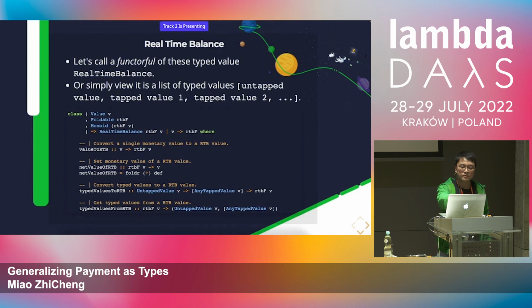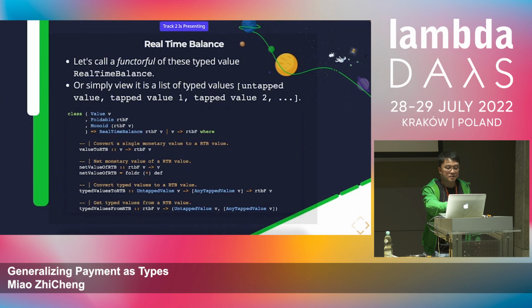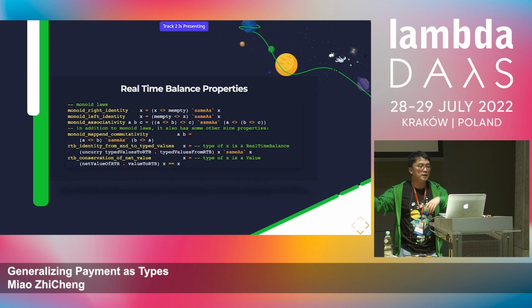Another simplified view, in the second bullet point, is that it's just an array of those values. There are some laws required if you want to define such a thing. First, it's a monoid, so you have left identity, right identity, and associativity. Those are easy, get them out of the way.